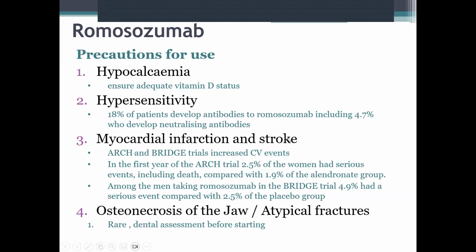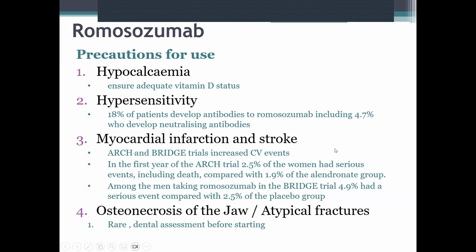In the studies, they found 18% of patients developed antibodies, and about 4 to 5% had neutralizing antibodies, so they have some hypersensitivity reaction. However, it's a new agent, and this has not actually been described in clinical practice. The incidence has been seen more in the clinical trials.